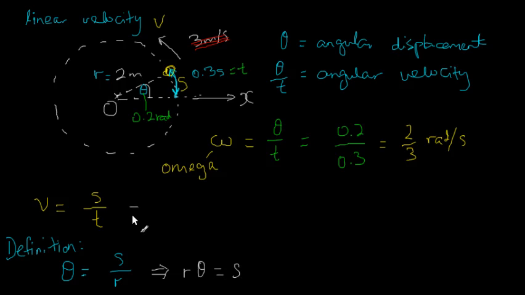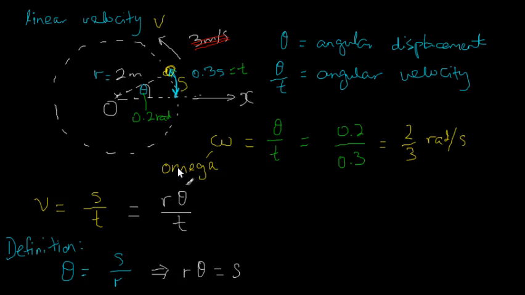Going back to finding the linear velocity, this arc length would be radius times the angle in radians, r theta, substituted into the s here, divided by the time taken.